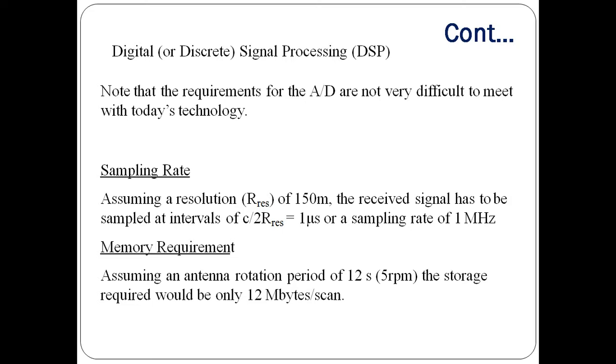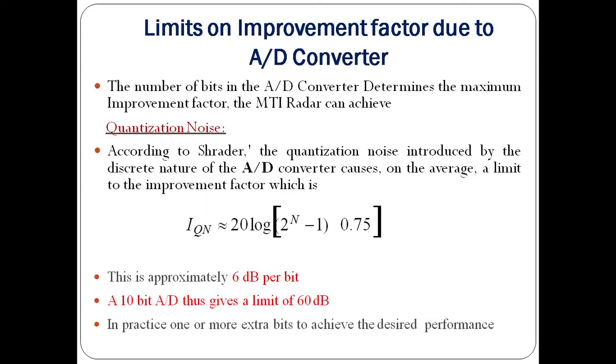So what are the parameters that really affect the selection of these requirements? The limits on improvement factor due to the A to D converter. The improvement factor is one of the performance measures of MTI radar. The alternative measure is clutter attenuation.